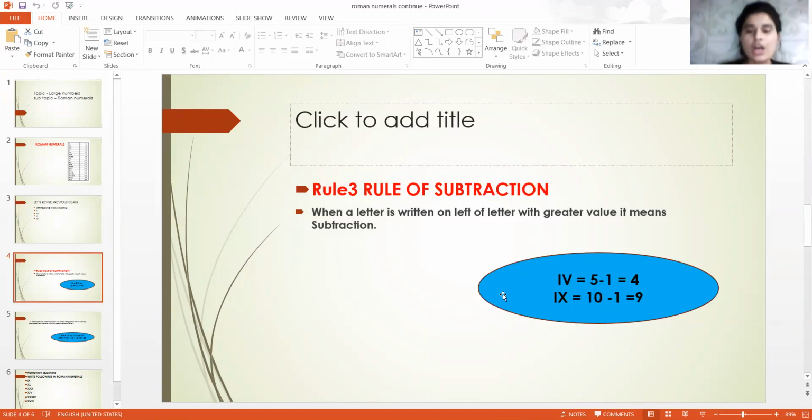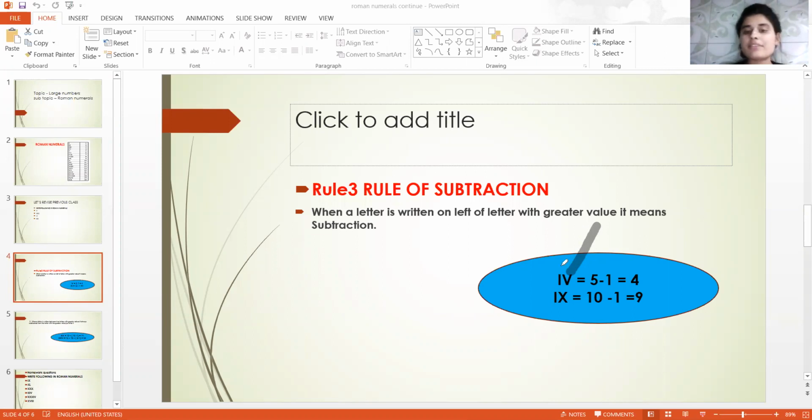Suppose we have the symbols I and V, and the greater value is on the right side. In addition, the greater value is on the left side.